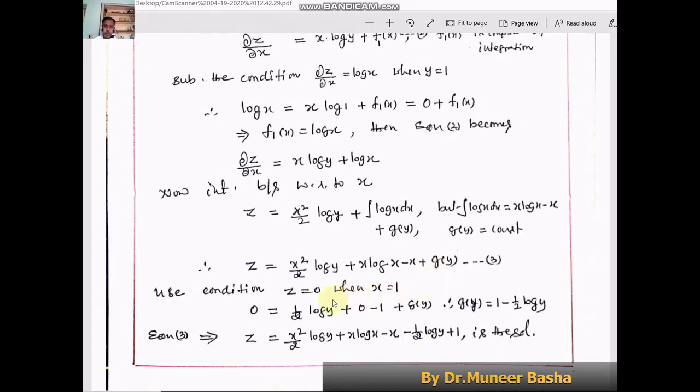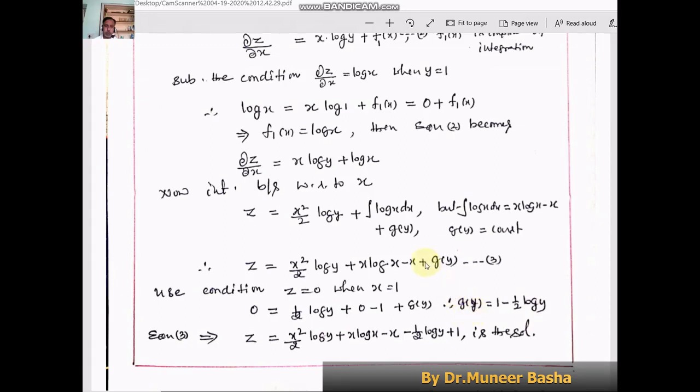Now using the condition z is equal to 0 when x is equal to 1. Put here z is 0 and x is 1. So you will get 0 equals half log y plus 0 plus g(y). Okay. My x is equal to 1, therefore this is minus 1. So g(y) becomes 1 minus half log y.